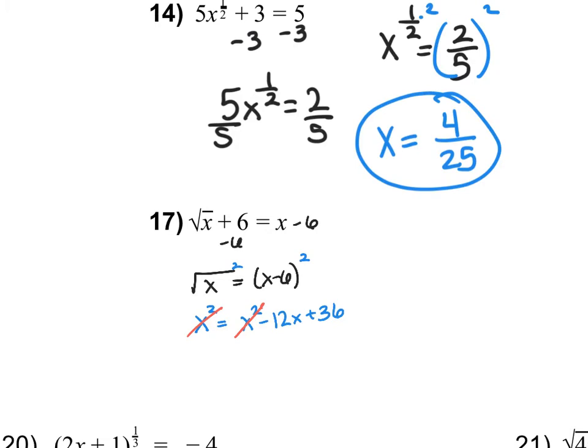So now I'm at negative 12x equals negative 36. X will equal positive 3. Let's check our work. Square root 3 plus 6 does not equal 3. So this one's going to be no solution.